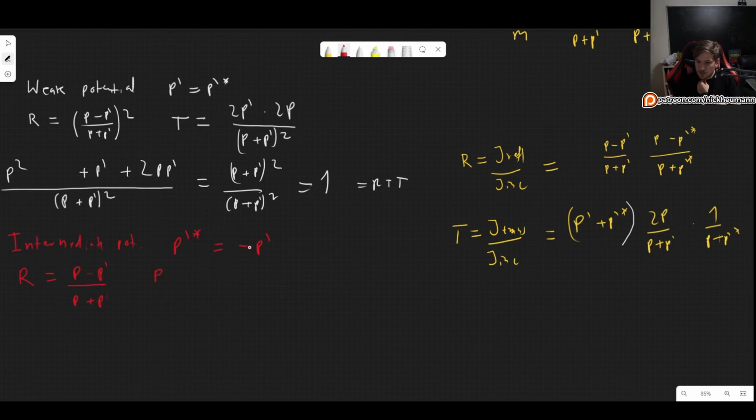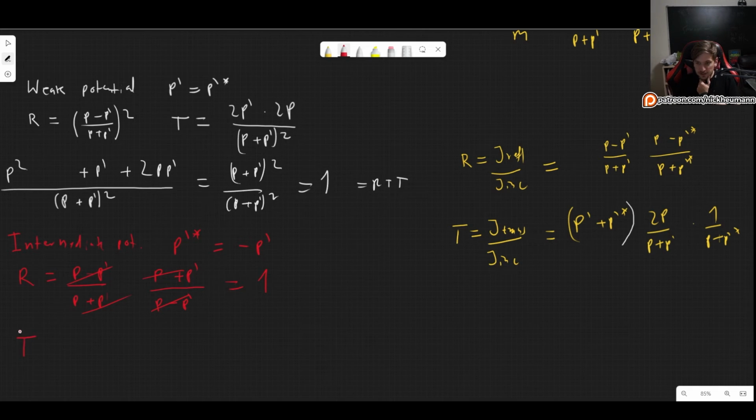But we know that p prime conjugate is minus p prime, so we get p plus p prime, and we have p minus p prime. So you can see that they cancel out, right? This and this and this and this, and we get 1 as our coefficient of reflection, which is quite interesting.